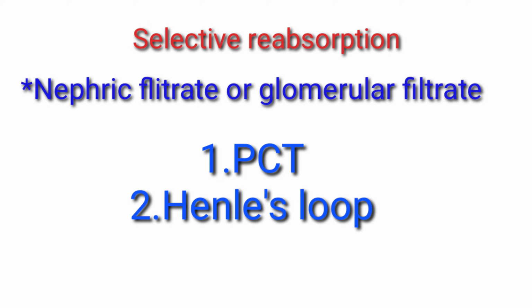If your blood contains more water, then less reabsorption of water takes place. But if your blood contains less water, then more water is reabsorbed back from the Henle's loop. This is how kidney also helps in osmoregulation.